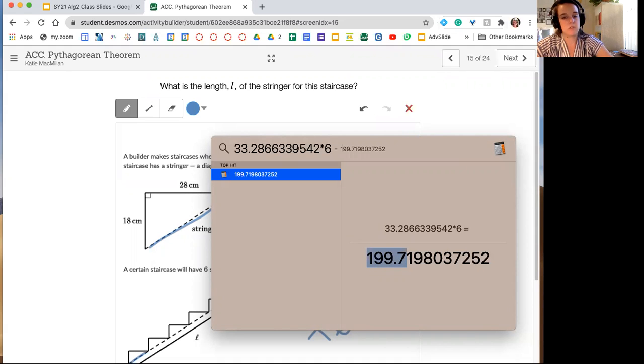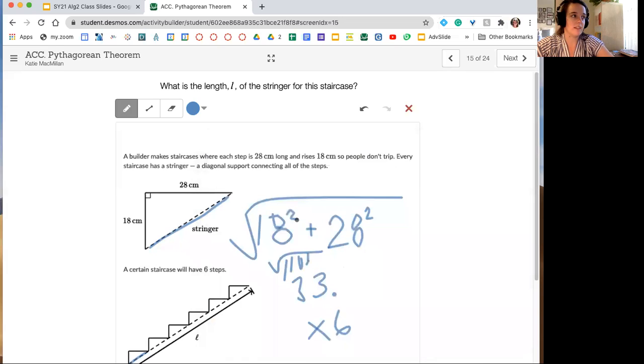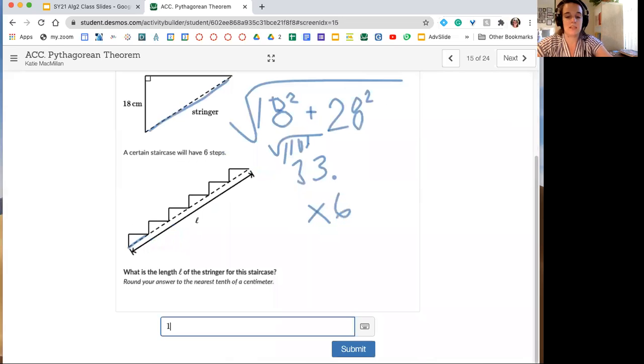So you do want to double check that you're not rounding or cutting off any decimals until you get to the very end. You should be putting in here 199.7, not 199.8.